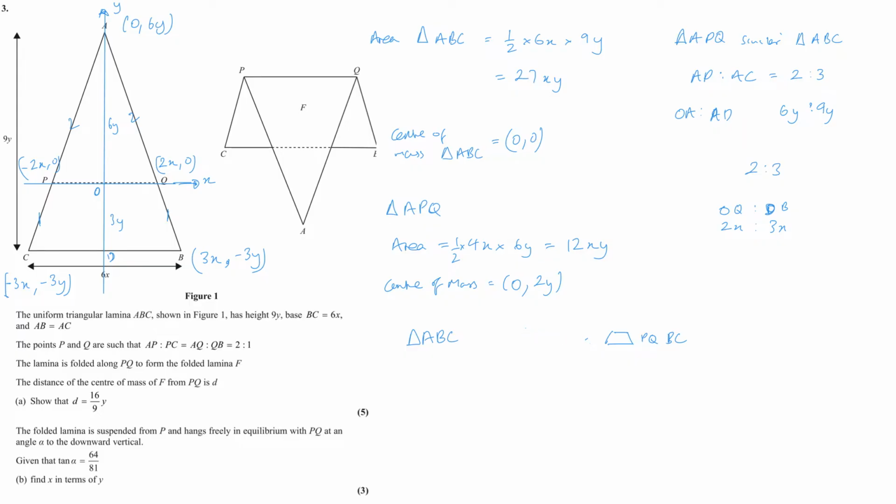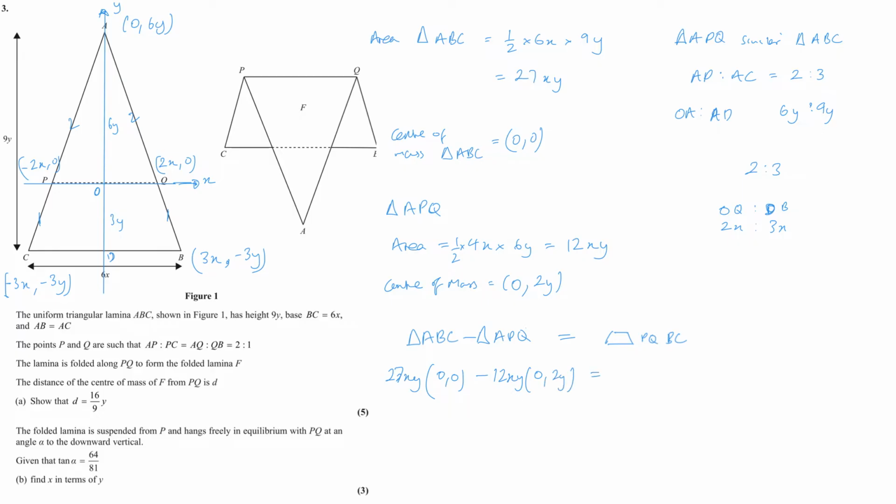So this is minus triangle APQ equals that one there. So it is the area 27xy times by (0, 0) minus the area of 12xy times by (0, 2y).